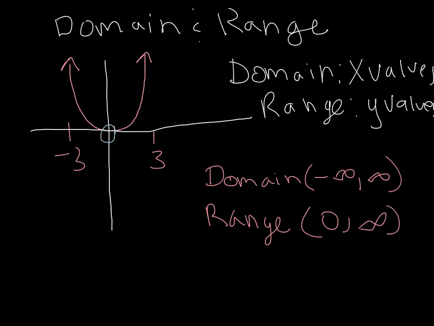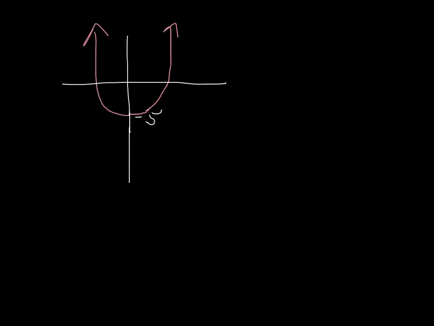Okay, now let's take a look at another. In this case, we're given another graph, and I'm assuming here that where it's crossing the y-axis, that's the -5. And so now let's look at our domain first.